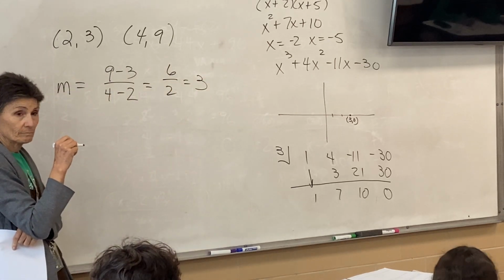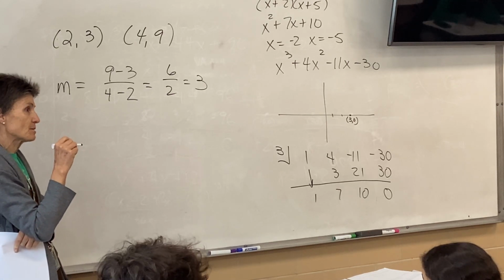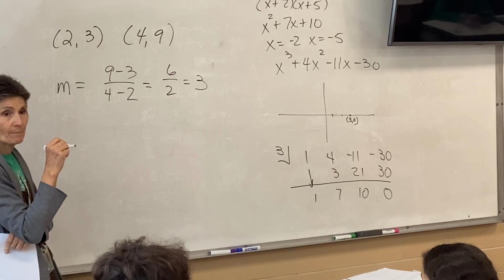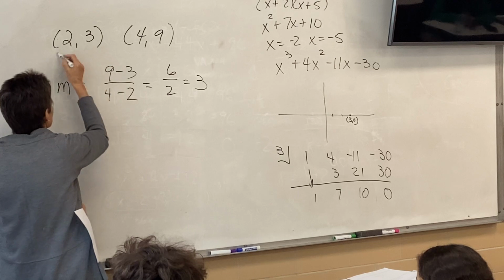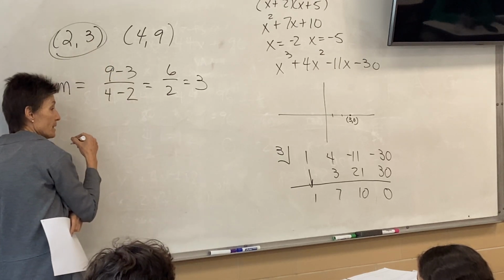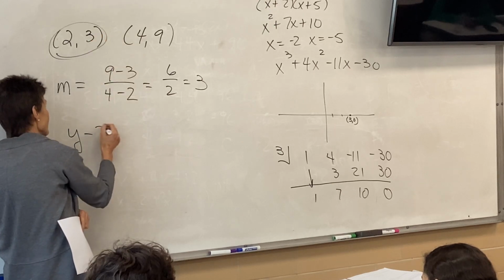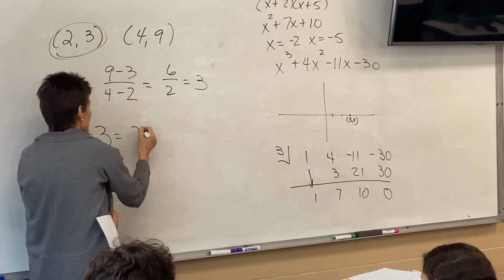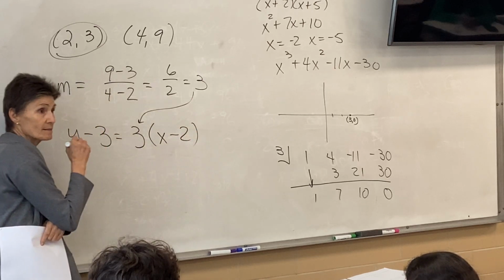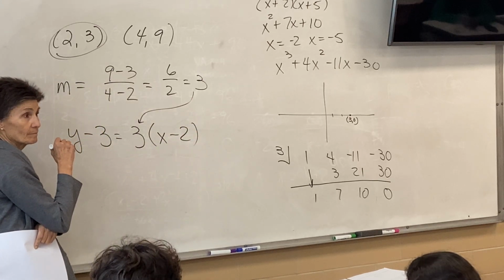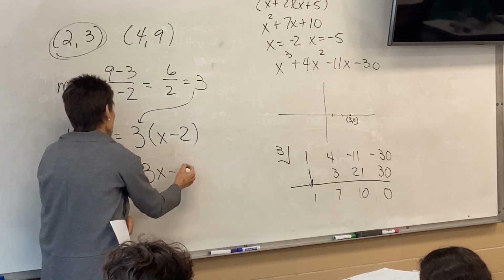Okay. Now what? That's not the answer, we're not done yet. What do we need to do now? Pick a point. I'll just use this one because the numbers are smaller. Then y minus the y equals slope times x minus the x. Then I'll distribute.